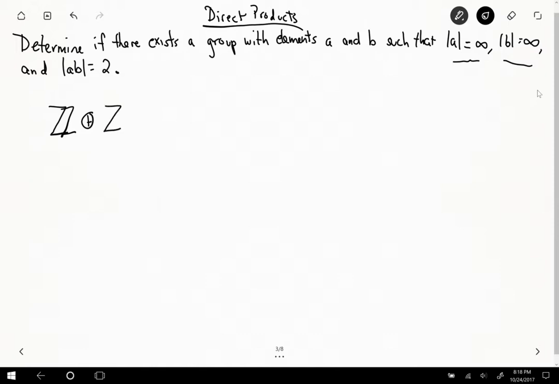Let's just look at Z mod 2. Okay? And when you think of elements, notice the order of the element (0, 1) equals 2, since (0, 1) plus (0, 1), and however we define this operation, I'll put plus here.